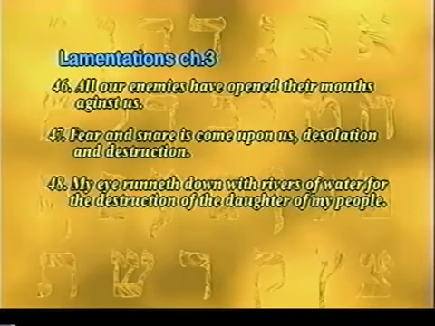And J.R., the message is so clear here. Starting with Pe, verse 46, the mouth: "All our enemies have opened their mouths against us." Verse 47: "Fear and a snare has come upon us, desolation, destruction." Verse 48: "Mine eye runneth down with rivers of water for the destruction of the daughter of my people."